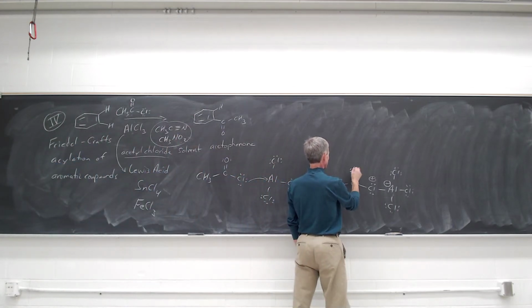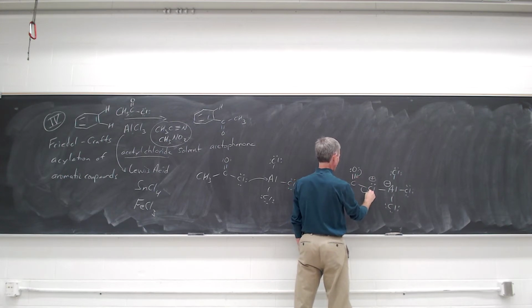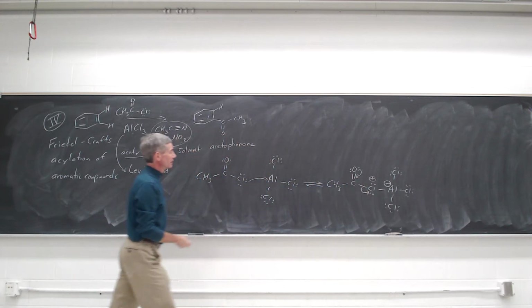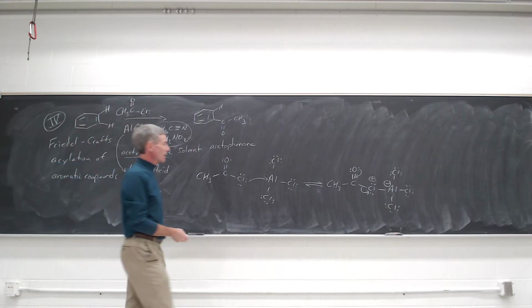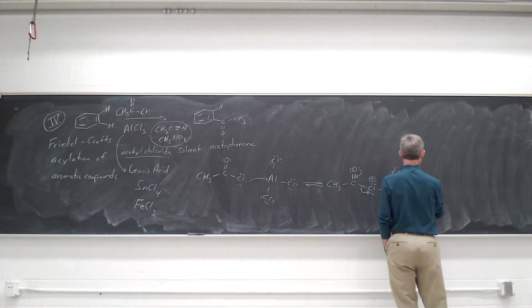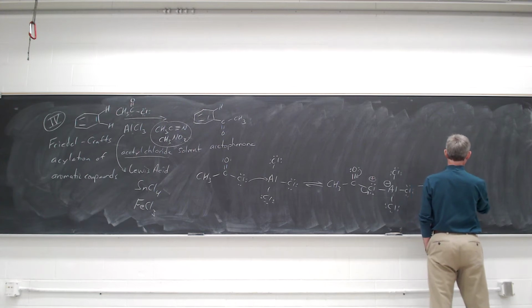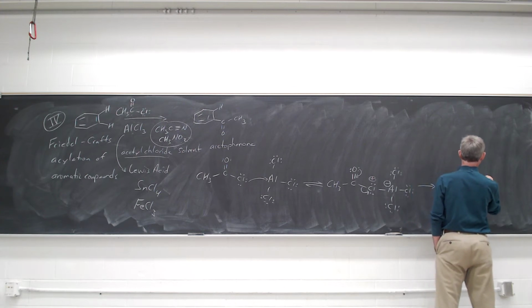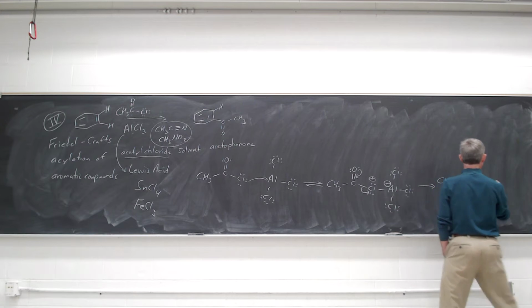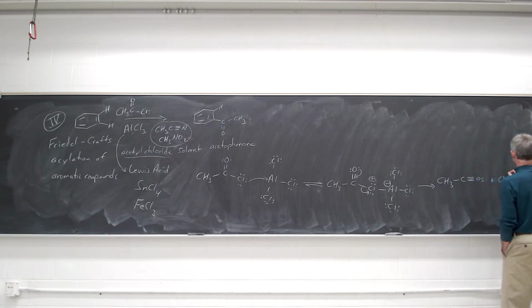A pair of electrons from the oxygen can now come in and push this chlorine out. Chlorine doesn't really want that positive formal charge. And we will generate the resonance-stabilized acylium ion and tetrachloroaluminate, which is fairly stable.